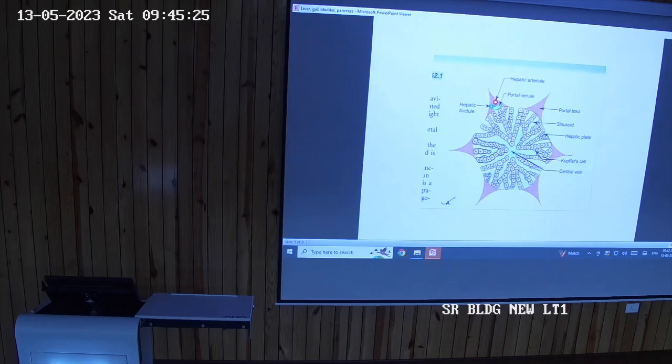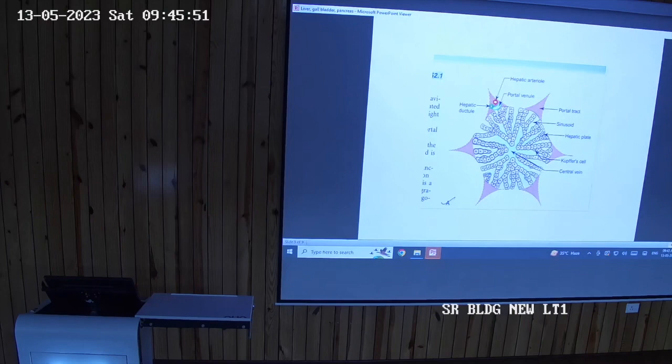Each hepatocyte is hexagonal in shape, and at the periphery of the lobule you find the triangular structure called the portal triad.